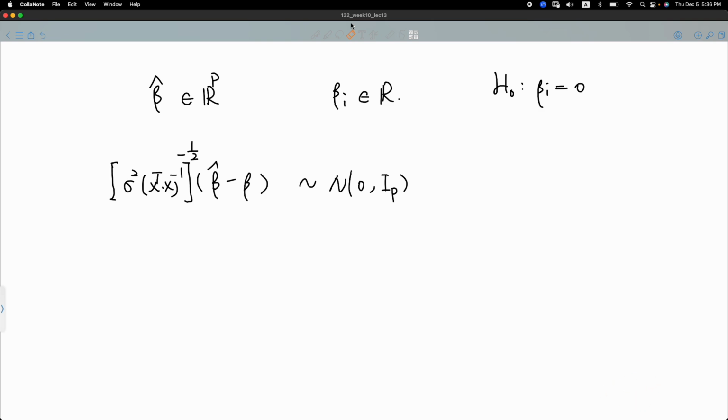Okay, so once we have that, maybe we can do one more transformation. So we can do beta hat minus beta, taking the transpose, and then have the variance in the middle.